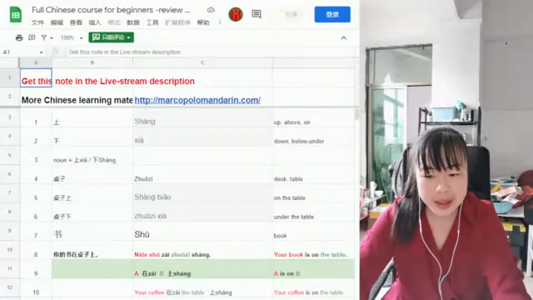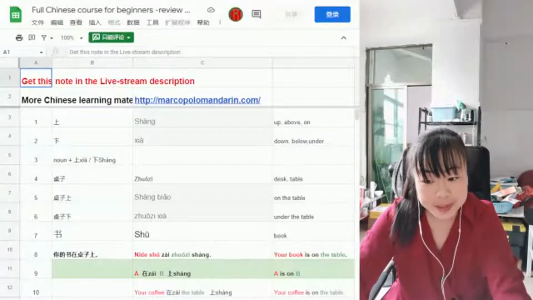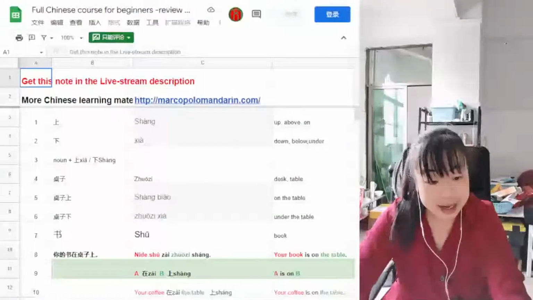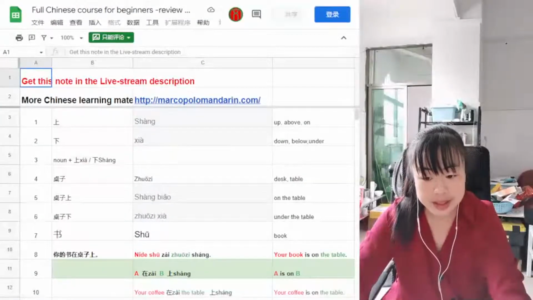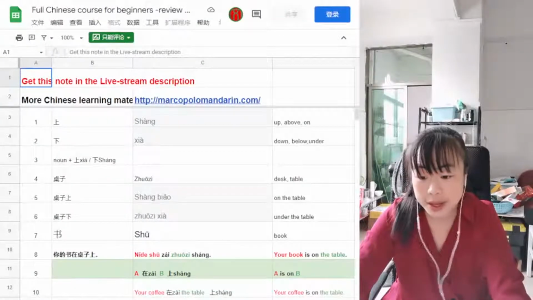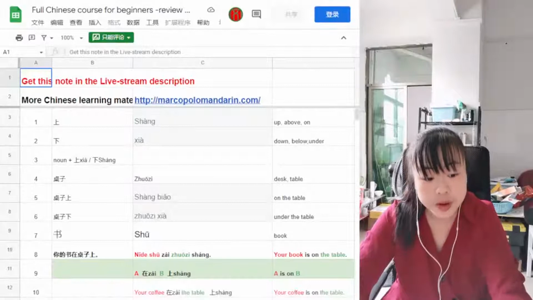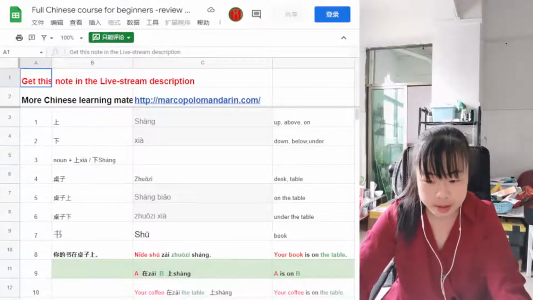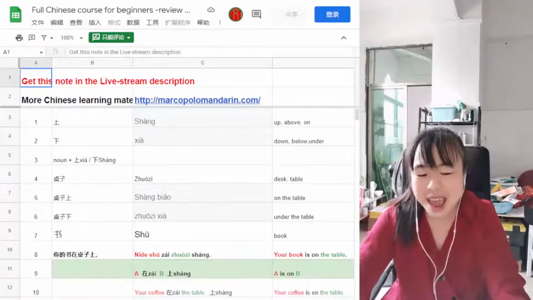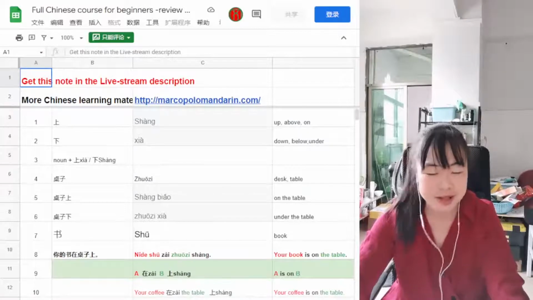Okay, now let's go to the pattern first. As we get the pattern, you can make a lot of useful sentences in Chinese. Pattern is the most useful thing when you learn Chinese, though it's not everything.